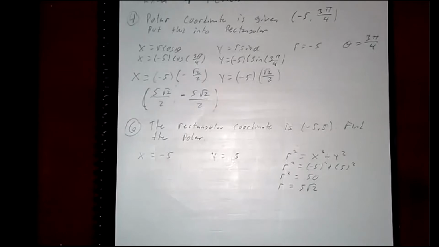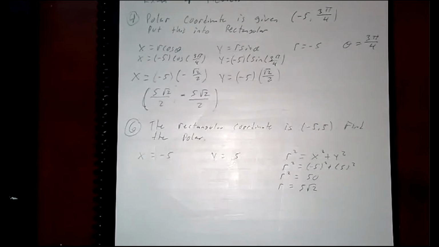Do you guys remember how we find theta? What? Was it tangent? Is it x over r or something like that? Yeah. X over r or x over y, maybe. This sounds close.